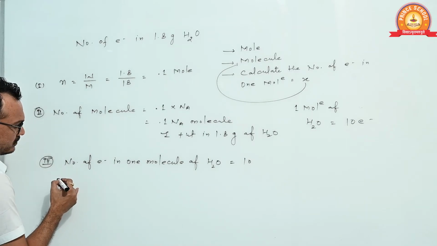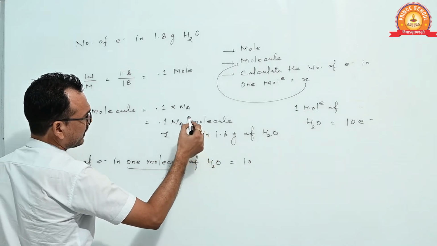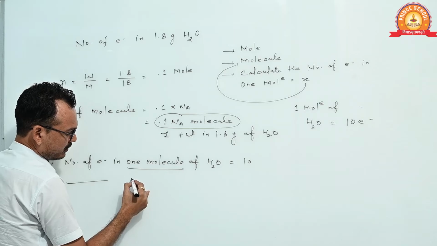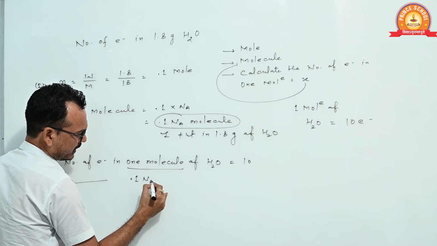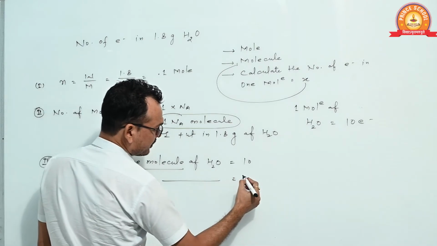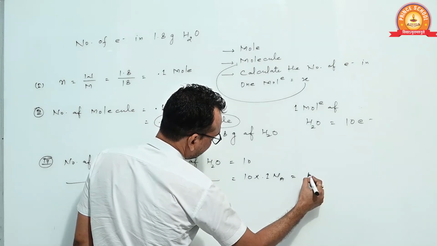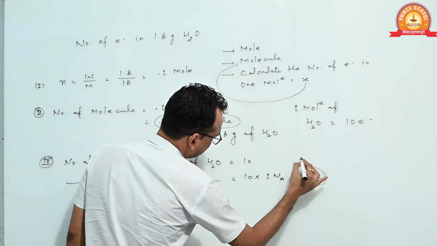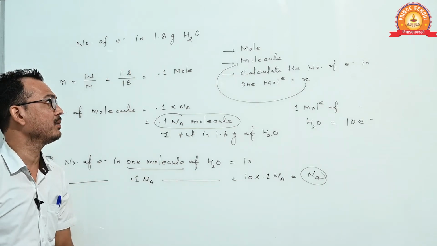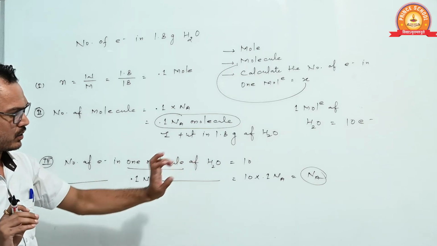Then you have the 0.1 Na molecules, it means 0.1 Na molecules of H2O have electrons. It is 10 into 0.1 Na, which gives Na. The number of electrons in 1.8 gram H2O is equal to the Avogadro number.